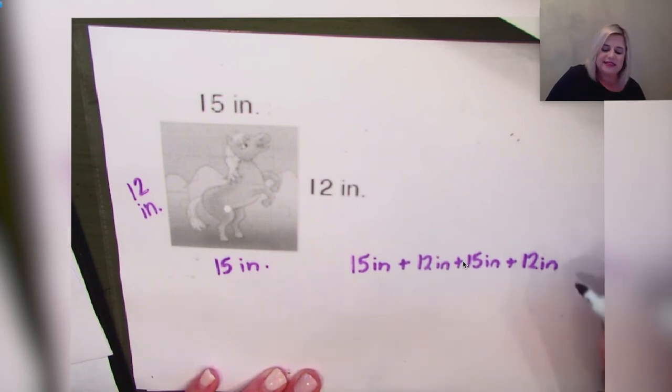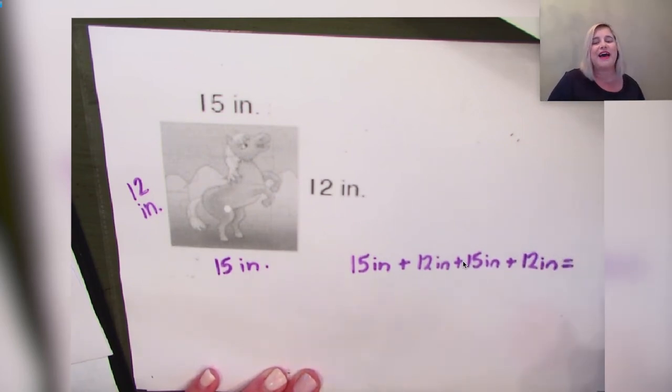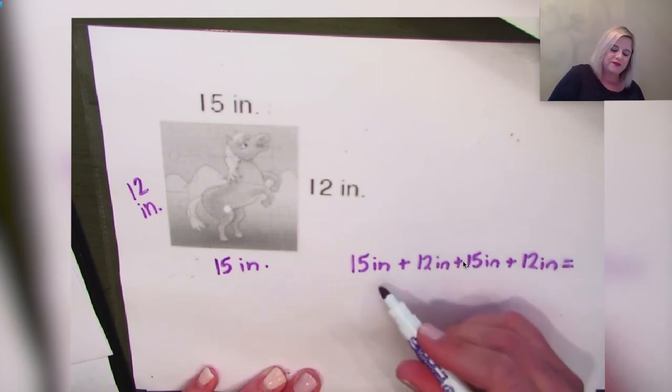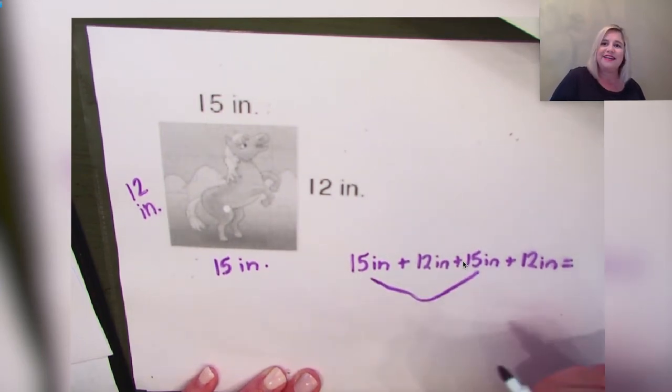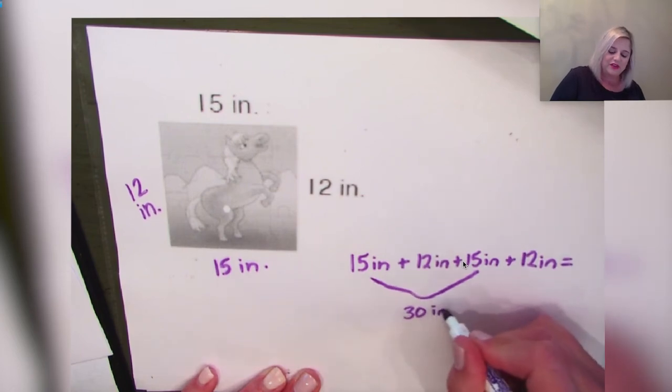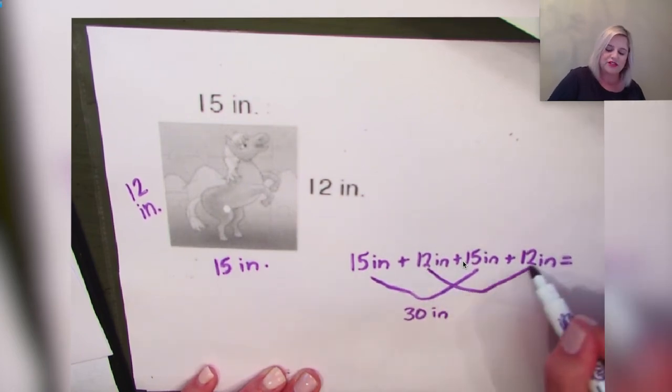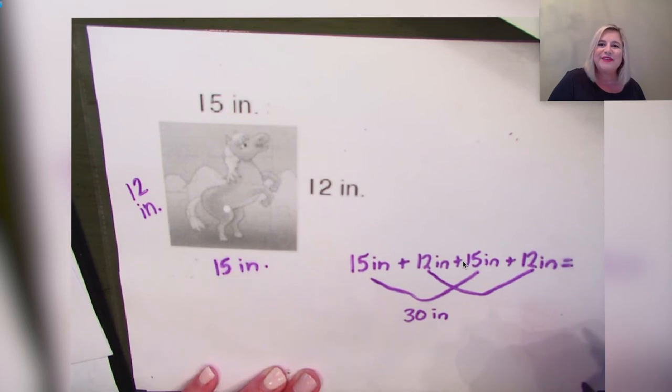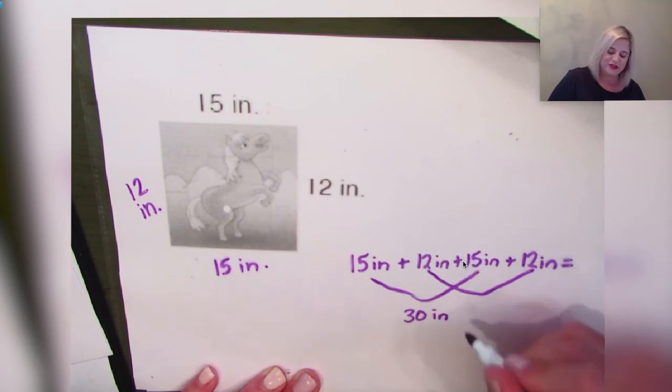So I can see that we have more doubles back. We have two sets of doubles here. Our rectangles have two pairs of sides that are the same length. 15 plus 15 is 30. And then we have another doubles fact, 12 plus 12. And what does that equal? Very good, 24.